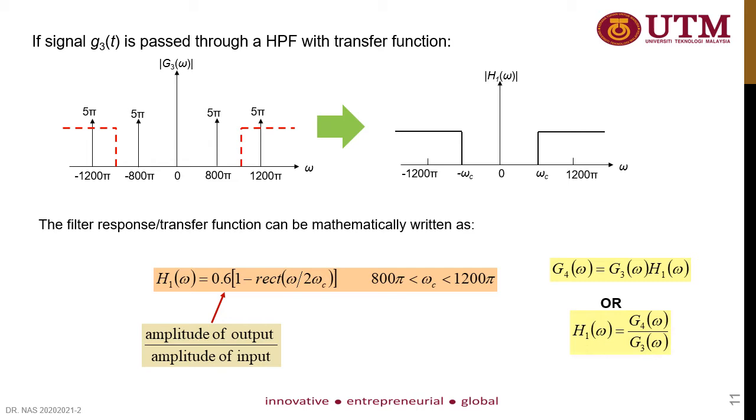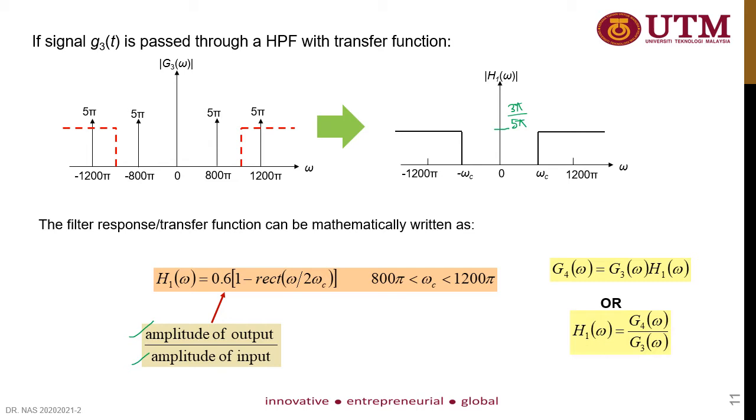Okay, so now, as mentioned earlier, this is the filter response, the high pass filter response. The magnitude is, in this case, 3 pi over 5 pi. It's basically the ratio between the output amplitude divided by the input amplitude.